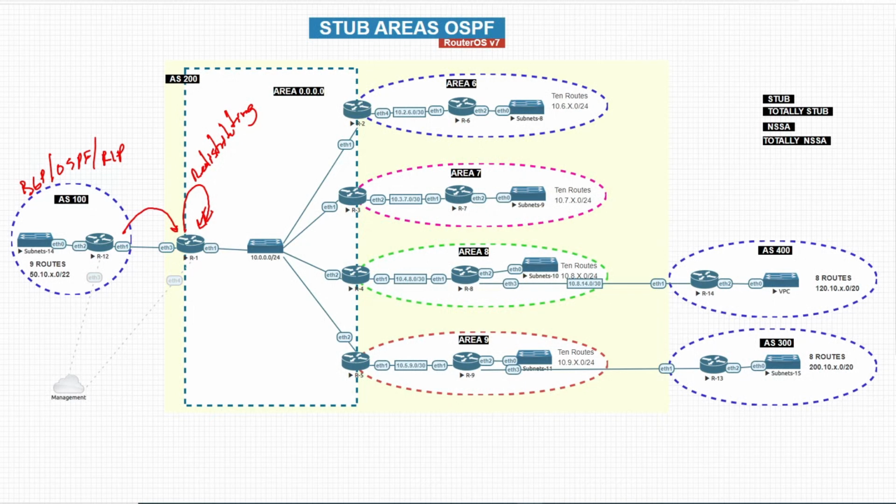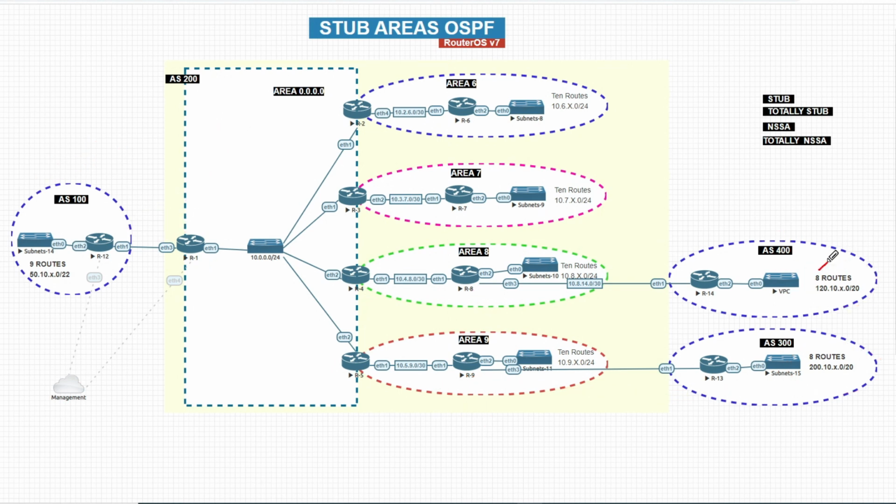Same thing is happening with R8. It's connected to that external routing domain that is announcing 8 routes. So those are going to be external routes as well. Then we have R9, another ASBR that is also getting some routes from that routing domain, 8 routes in total, and then it's redistributing those into OSPF.